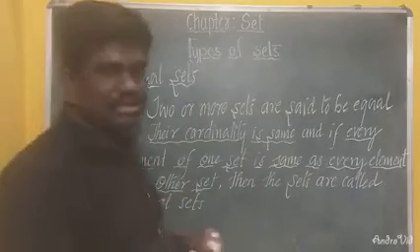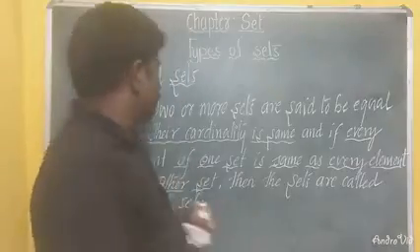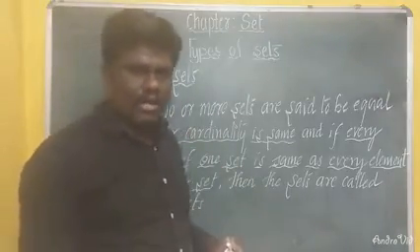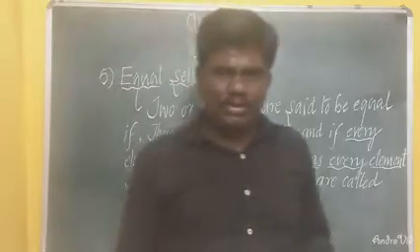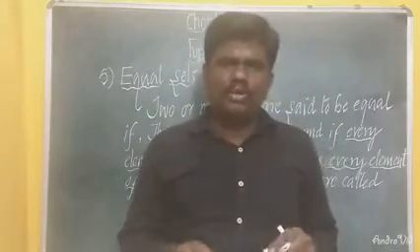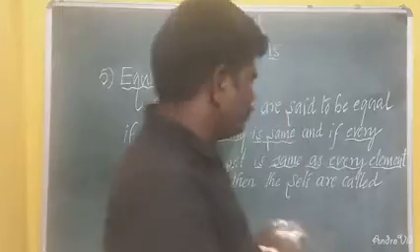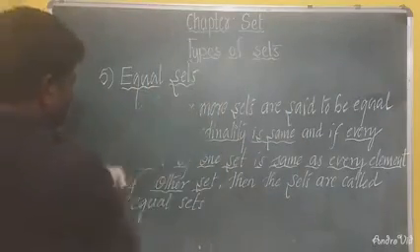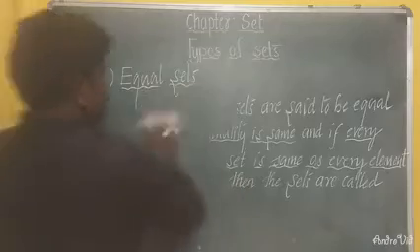If these two conditions are satisfied, then we can call that two sets are equal. Okay, I will take one example in order to make you understand. Follow this example, then you will understand equal sets very easily.